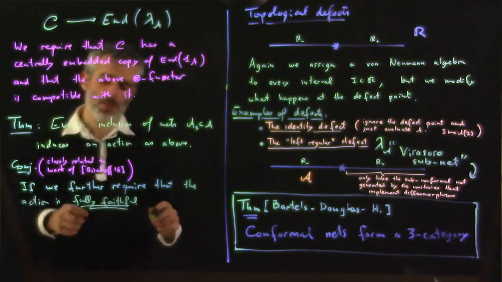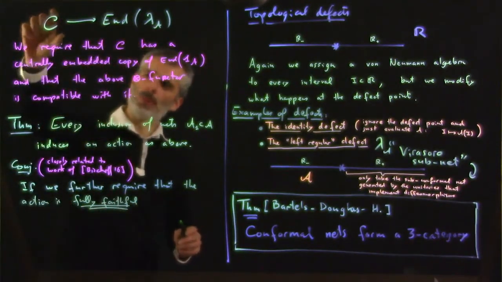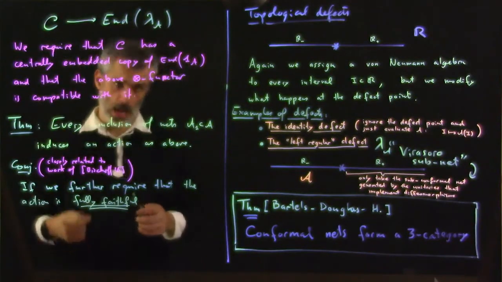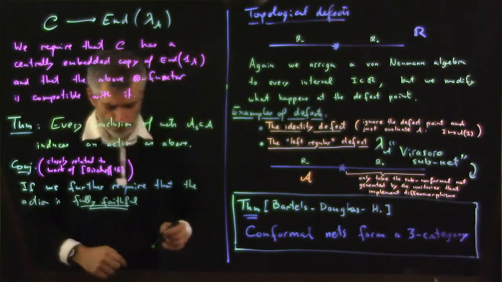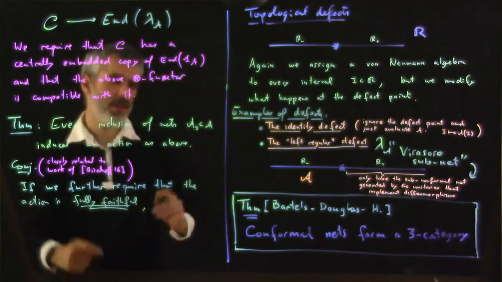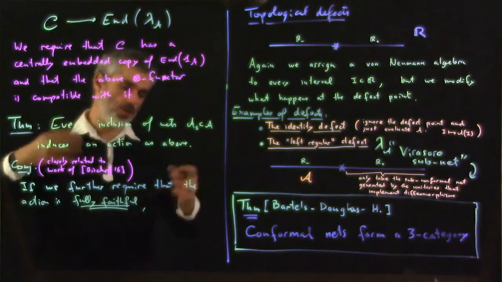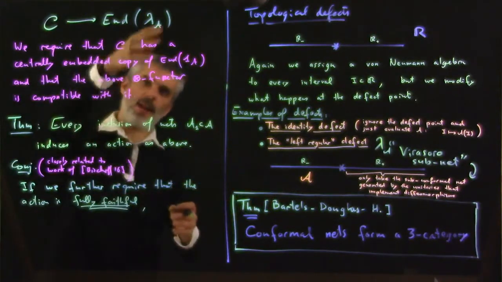and what this means is that this functor, this is a functor between tensor categories, we want this functor to be fully faithful. So an isomorphism at the level of Hom spaces. That's the analog of what it means for an action of a group on a set to be faithful. That's the analog in this setup.